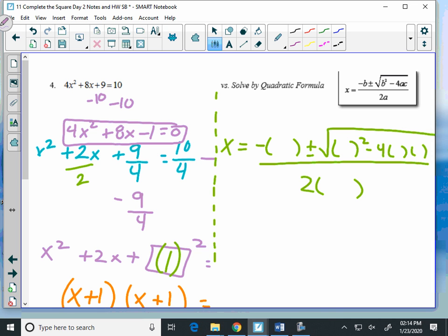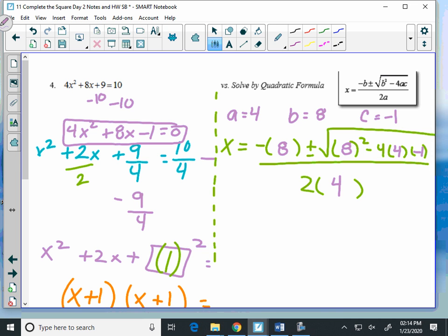Okay. What is our A? 4. What is our B? 8. And what is our C? Fill in your number. B goes here and here. A goes here. C goes here.